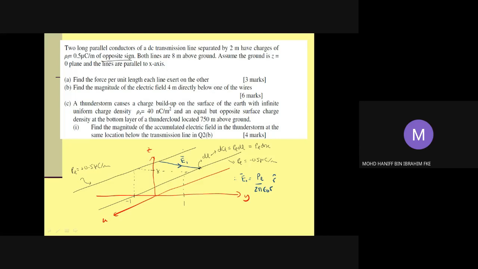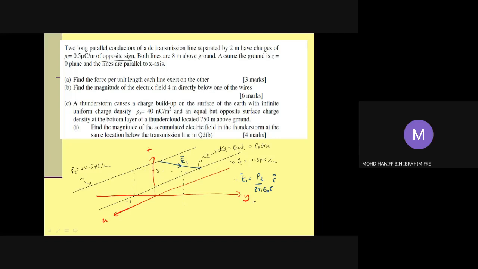Remember, E1 is the electric field intensity produced by the positive rho L at this particular point, which consists of a dq charge or dl element on this negative rho L charge distribution.